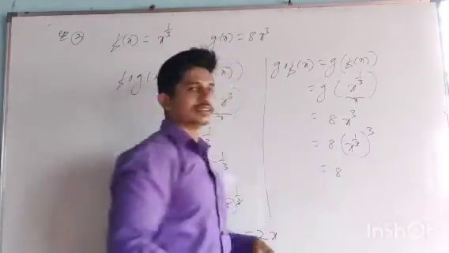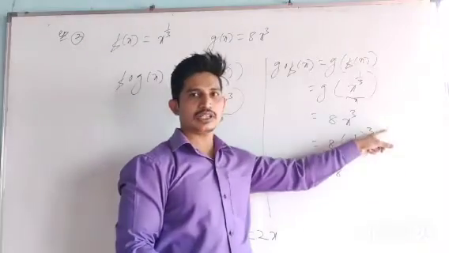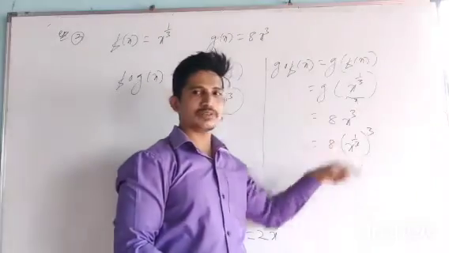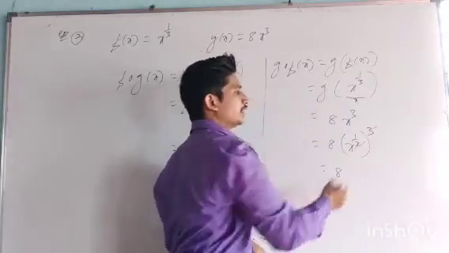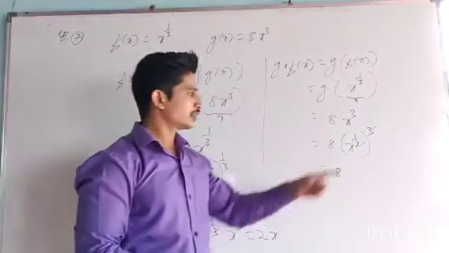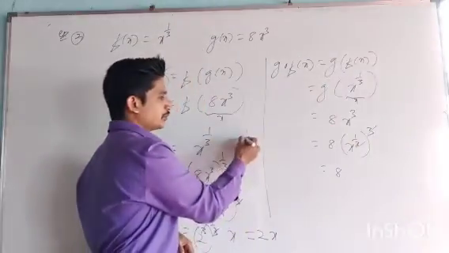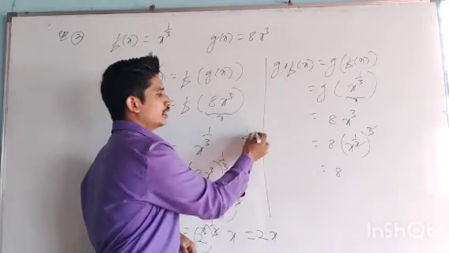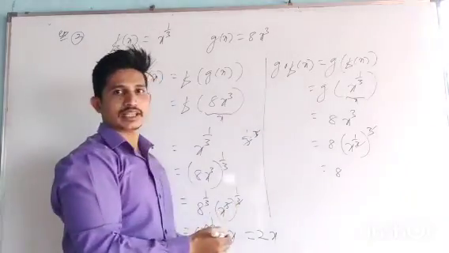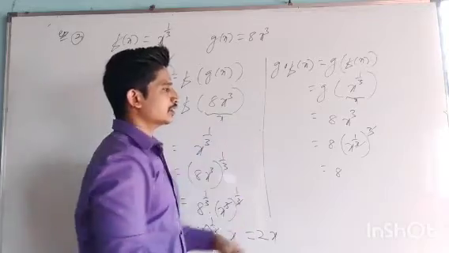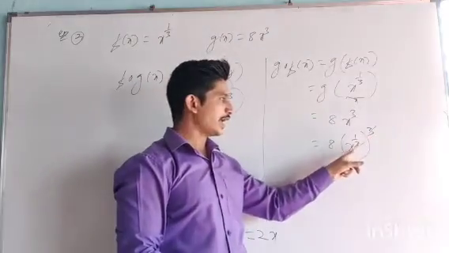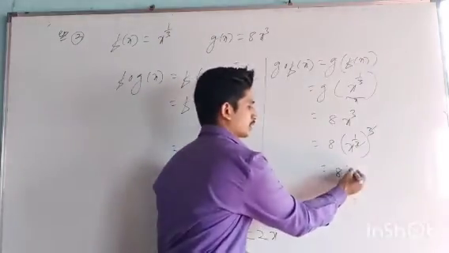Now 8 keep as it is. 1 by 3 into 3, if you multiply, 3 and 3 get cancelled, and x raised to 1 is x.